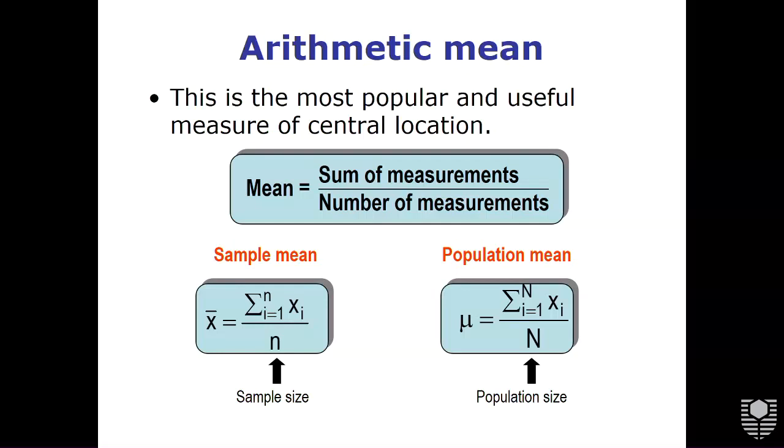But as I told you, during the mid-semester test, you have to have a scientific calculator that will help you to find all the measurements of central location and variability. We'll just press one button. Put in the values. I will give you maybe 10 values, maybe 11.